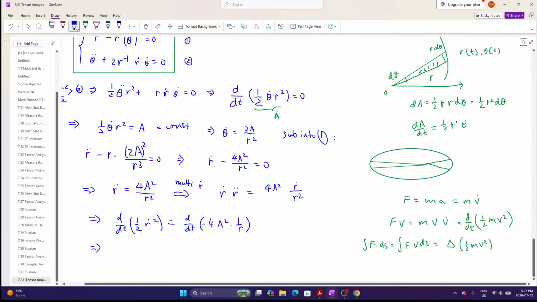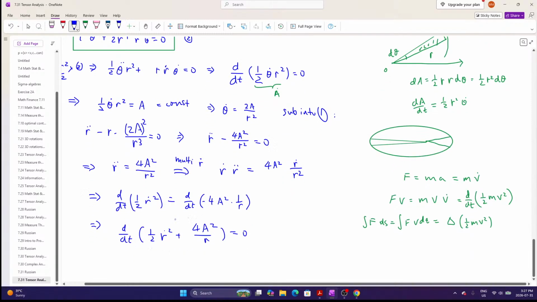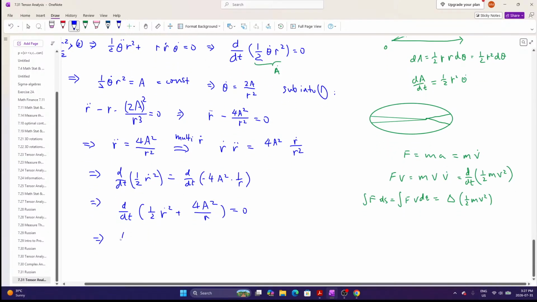So what this says is d over dt of half r dot squared plus 4a squared over r equals 0. So basically, this has to be constant. Let's call that b, shall we? We get half r dot squared plus 4a squared over r equals b.